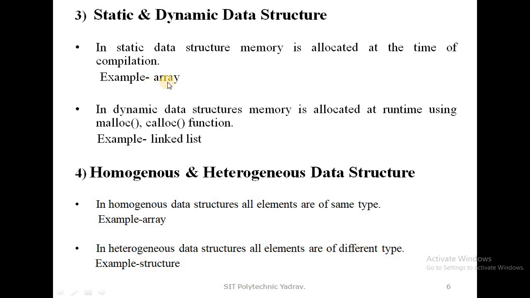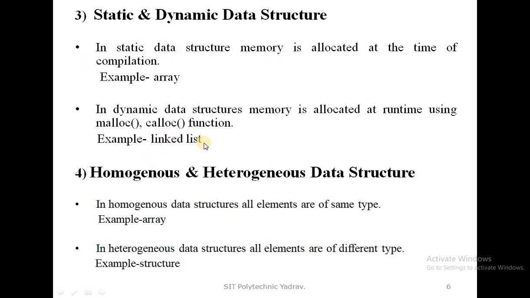When we run an array, at compile time, the static data structure's memory is allocated. In dynamic data structures, memory is allocated at runtime using malloc and calloc functions. For example, linked list. Means what? In an array, when we run it, at compilation time the memory is allocated, so it is called a static data structure.